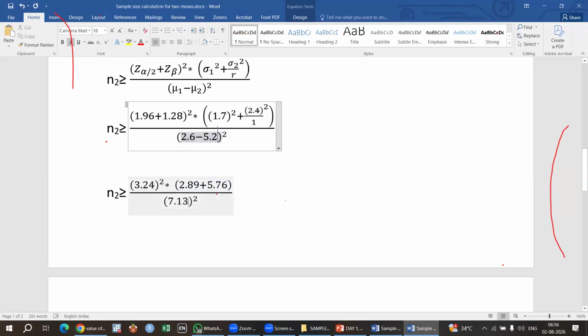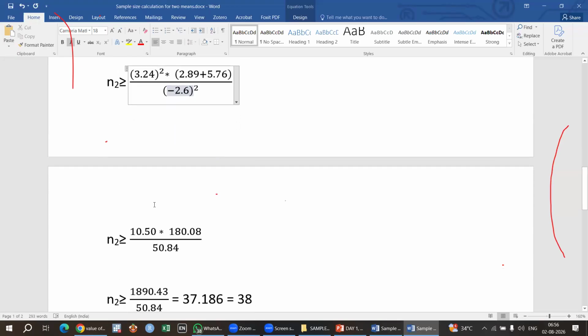And please take it here. And please don't forget the sign. It will be minus 2.6, I think. Please never forget the sign. Yes, minus 2.6. Very good. Then please do this, it's 10.50. It's plus. Please calculate this: 2.89 plus 5.76. Add this and tell me the value.